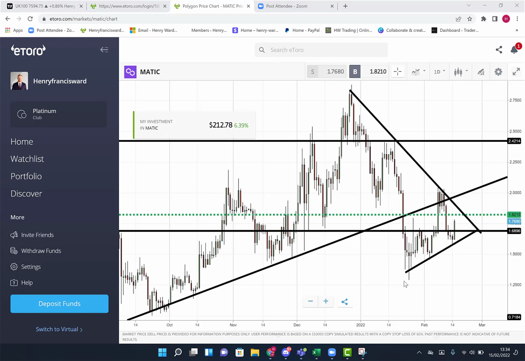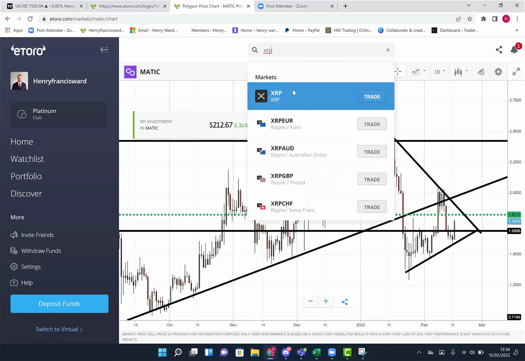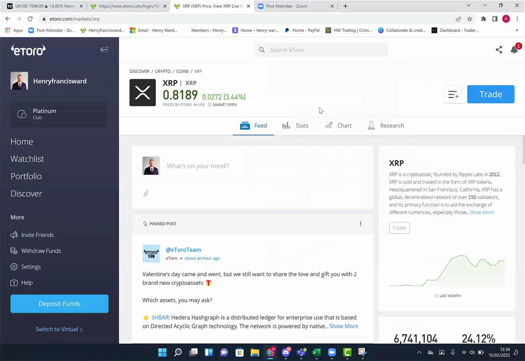And if it has found out that XRP is not a Ponzi scheme, it wasn't trying to defraud the clients, then we could see this massively take off. Let's have a quick look at XRP. What is the overall consensus here at the moment?